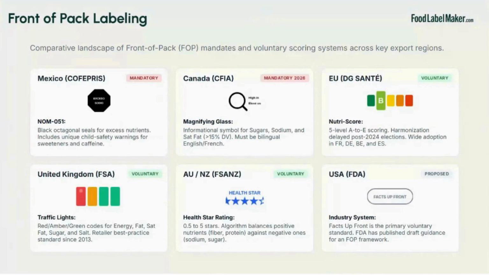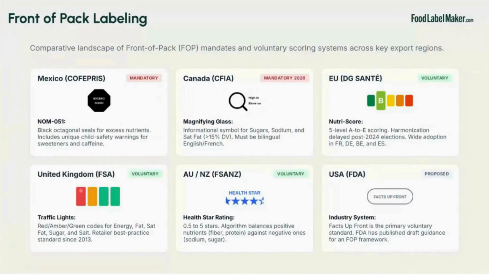Let's move on to Canada. Canada follows closely with its own mandatory FOP system, and this is effective since January 2026. The Canadian system uses a black magnifying glass symbol, declaring a high in statement for total sugars, sodium, and saturated fats.